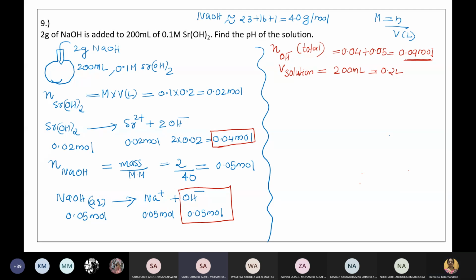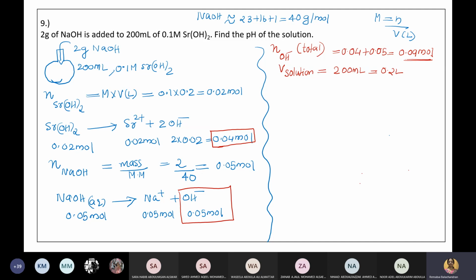In the question, they say that 0.2 gram is added to 200 ml, so the volume will increase, right? Actually, there will be a small increase, but compared to 200 ml, when you add 0.2 gram of NaOH, the increase in volume is neglected, because the solid goes into the empty space within the liquid.